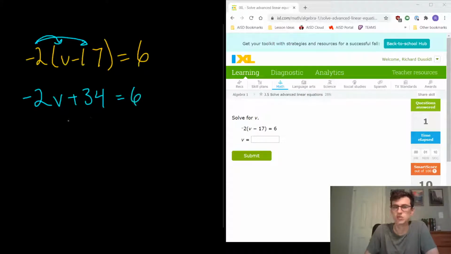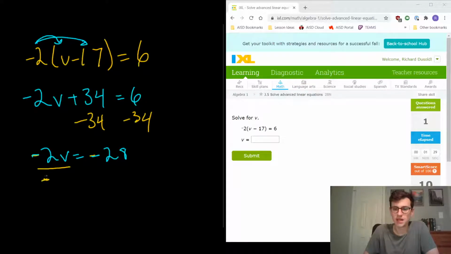And again, we're just changing colors arbitrarily, I guess. Minus 34 on both sides, -2v equals 6 minus 34, which is -28. And then we divide by -2 on both sides, and we get v equals 14.